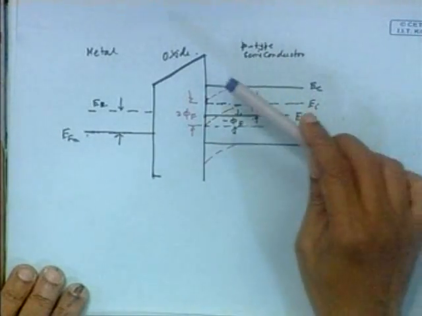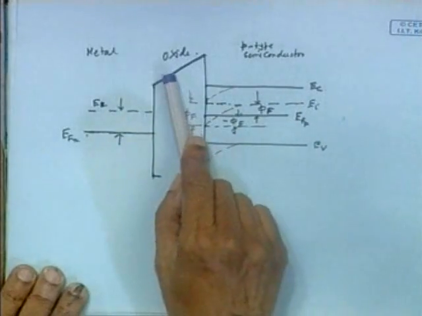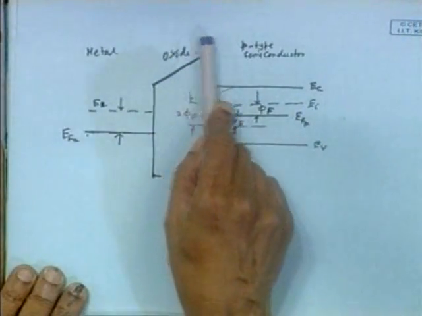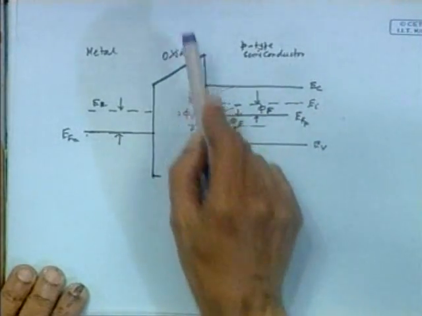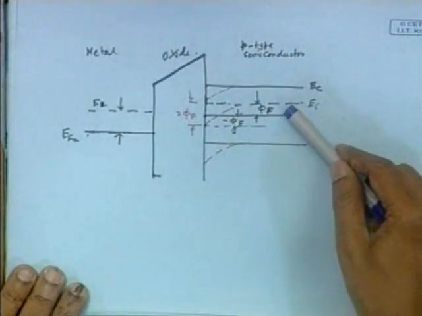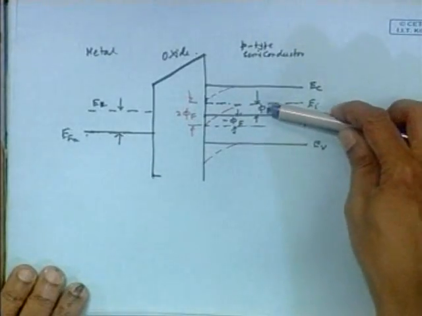Now, if you apply a sufficiently large potential difference between this oxide and the semiconductor, what is called the VGS, where the gate is, the Fermi levels start bending.